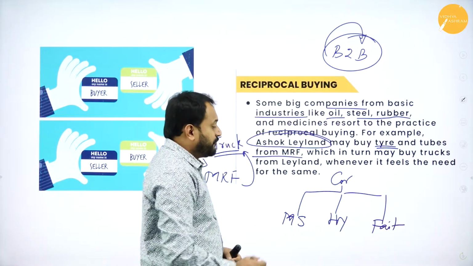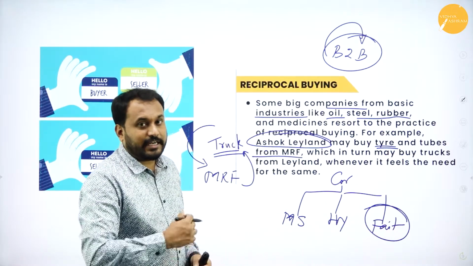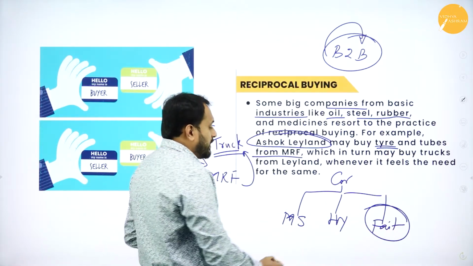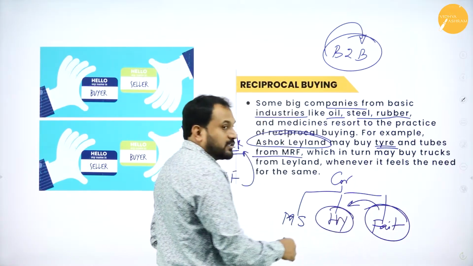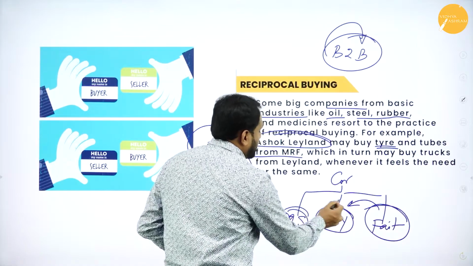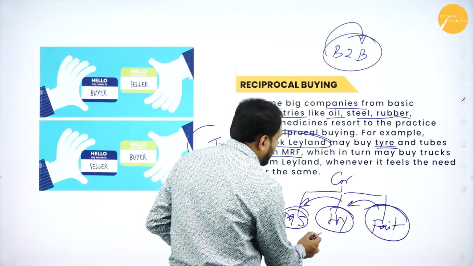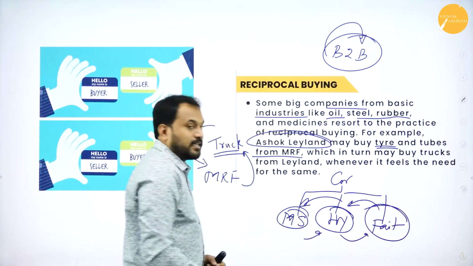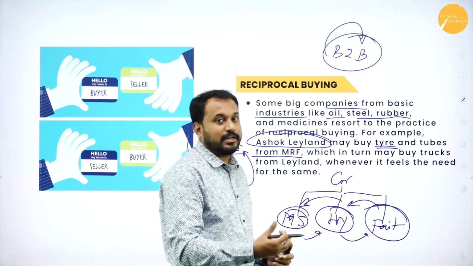Now understand, Fiat is a company which manufactures engines as well as cars. Hyundai takes engines from Fiat, and Maruti Suzuki takes engines from Fiat. So they have their own kind of dealing, reciprocal. The same way, I told you about Ashok Leyland and MRF.